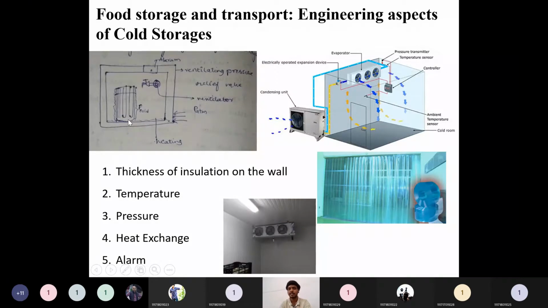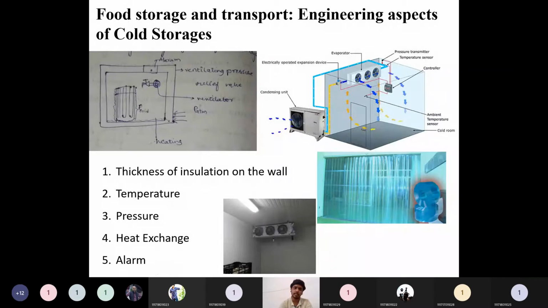So when ice is there, when we are going inside the cold storage and coming out from the cold storage, these ice blocks will be there. So there is a possibility that the door will not open at all because it has been jammed due to the formation of ice.